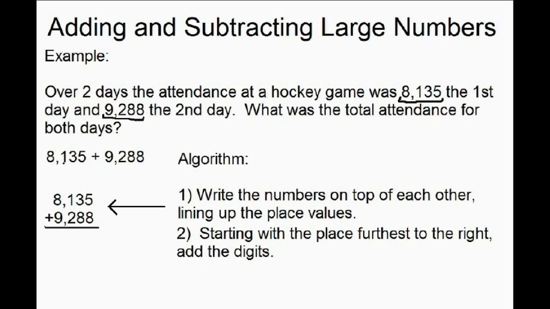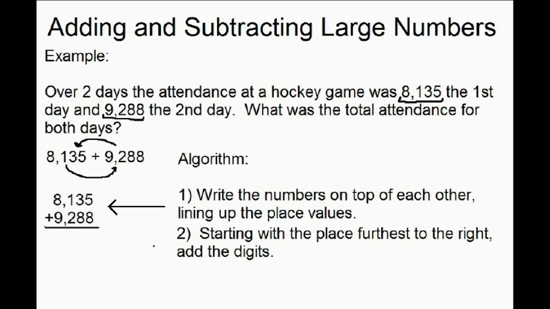Typically, we put the larger number on top, but it doesn't matter because 8,135 plus 9,228 is the same as 9,228 plus 8,135. In this case, we actually put the smaller number on top, but with addition, either number can go on top.